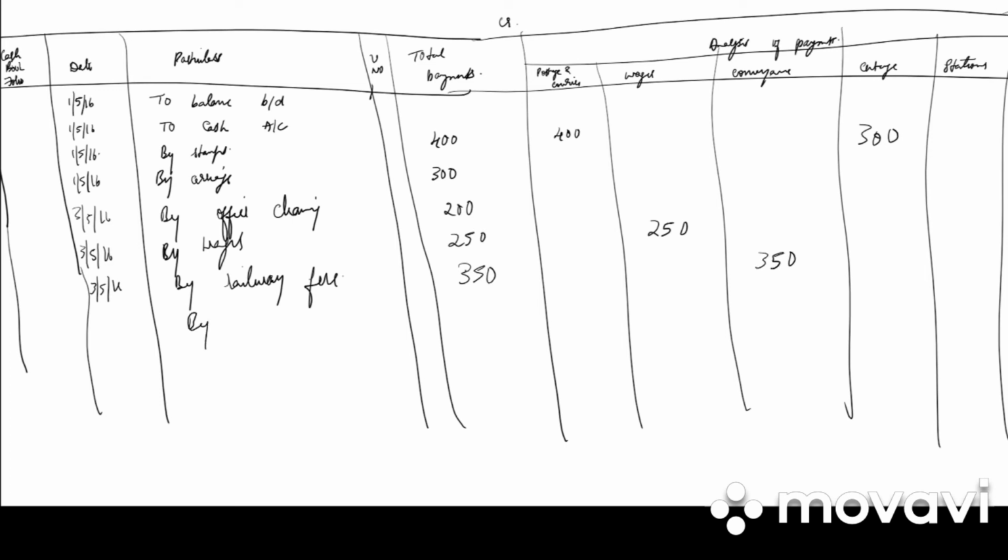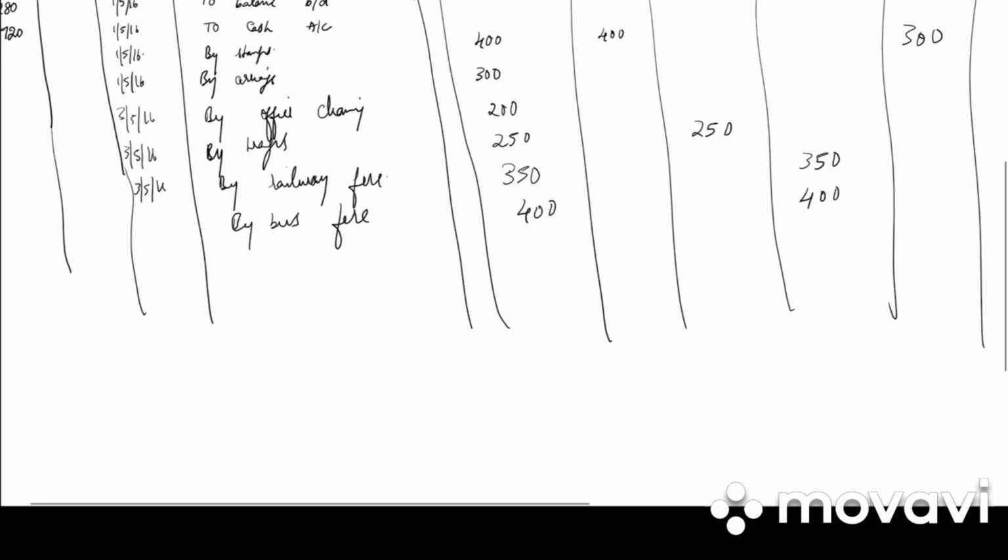Then we have by bus fare, 400 under conveyance, 400. Then on 8th May we have paid for wages. So by wages, 240 under the wages column, 240. Then by tea to office staff.